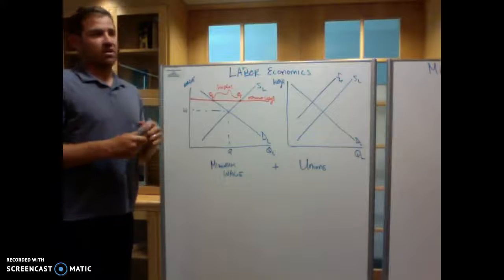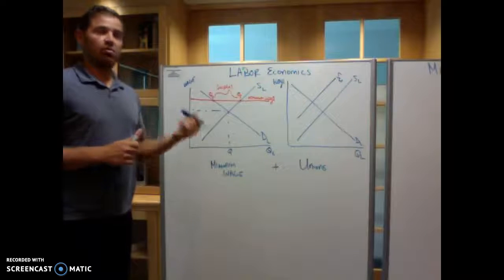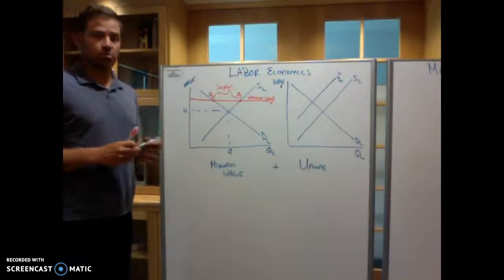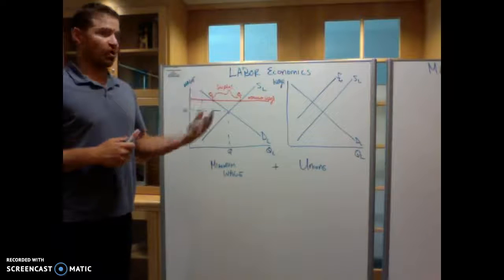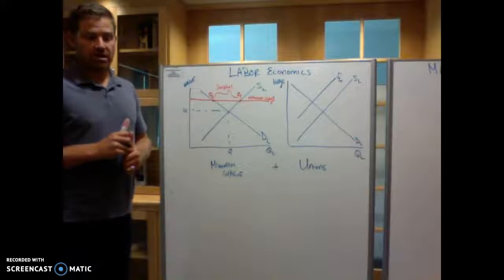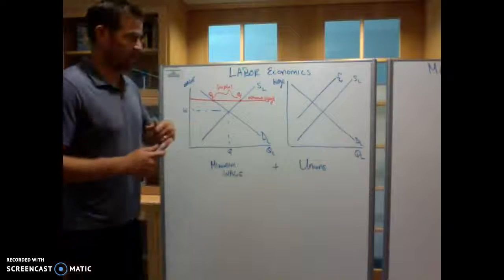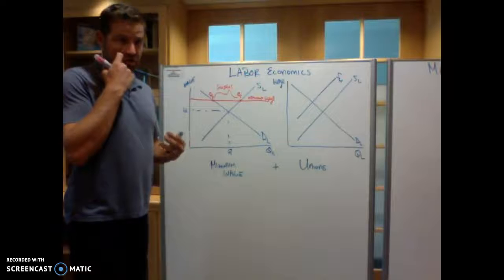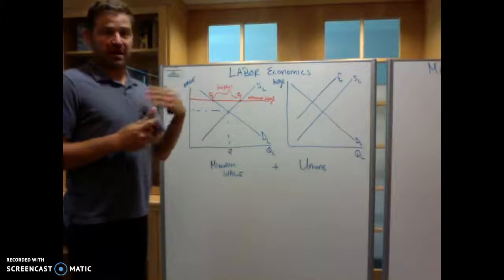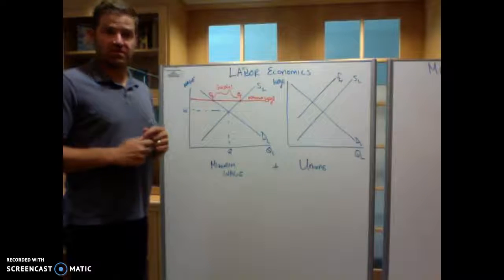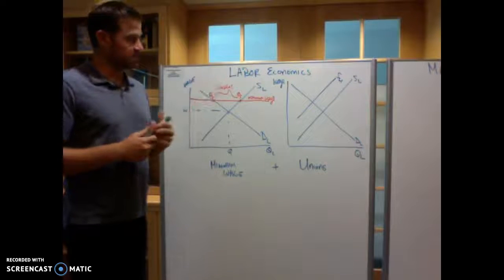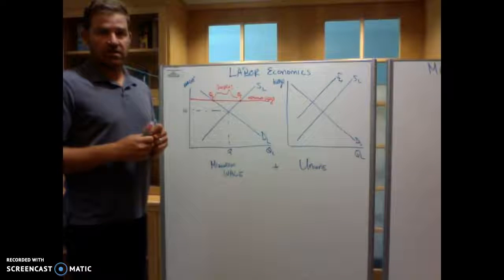If you think about an electricians' union, a plumbers' union, an industrial workers' union, or in New York, a theater company union, you have to be accepted into the union, you have to pass certain exams, and you have to pay some fees, and so it limits the supply of workers.